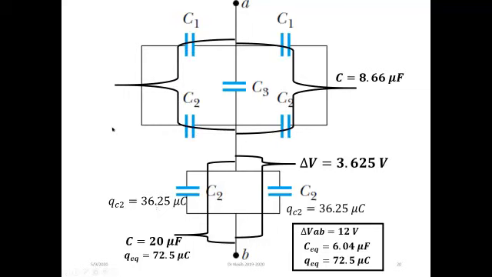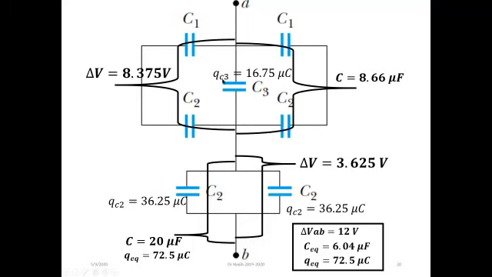For the upper part, you can easily find the potential difference from 12 minus this potential difference. This is the potential difference across the upper part. From this potential difference and the value of C3, we can find the charge on this capacitor.